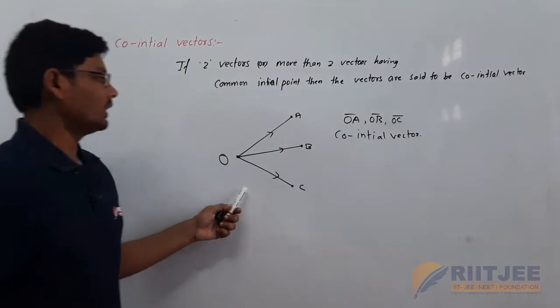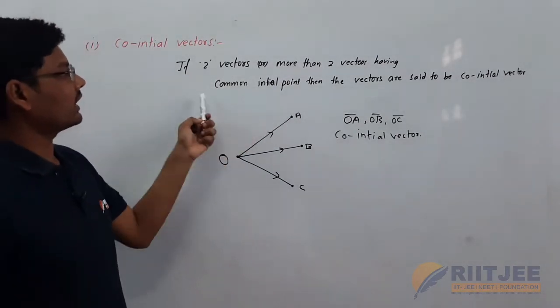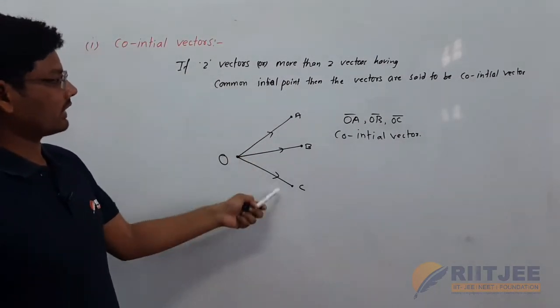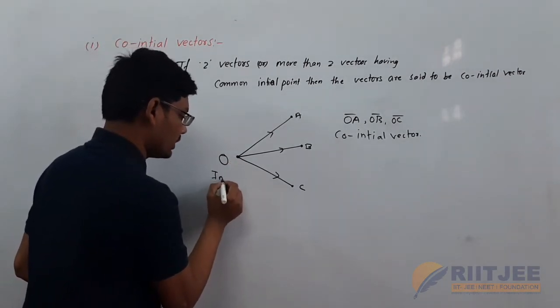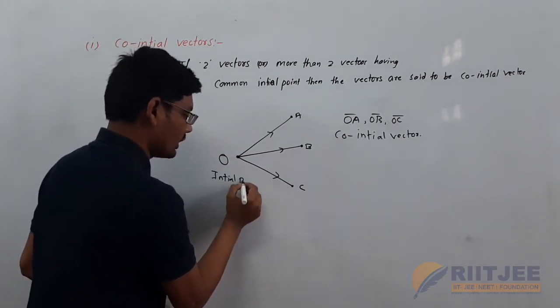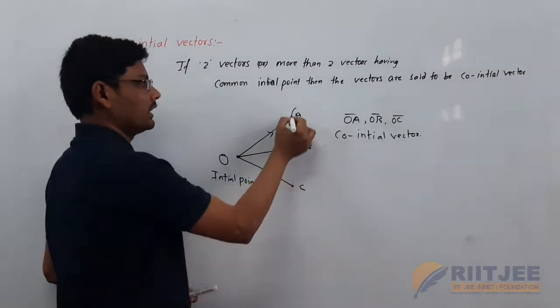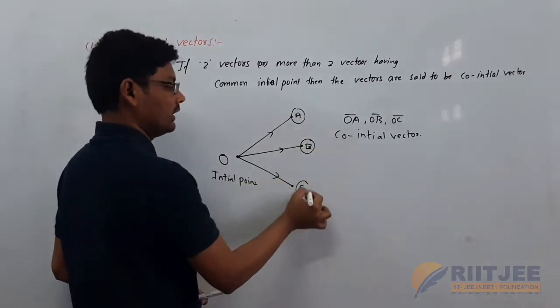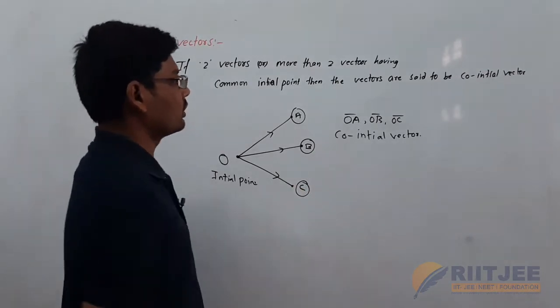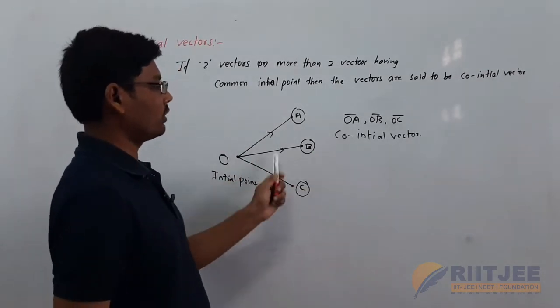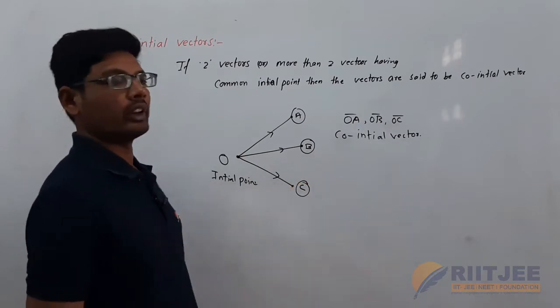Why? Because these three vectors are having a common initial point, and here we have three different terminal points for these vectors. So the three vectors OA, OB, OC are said to be coinitial vectors.